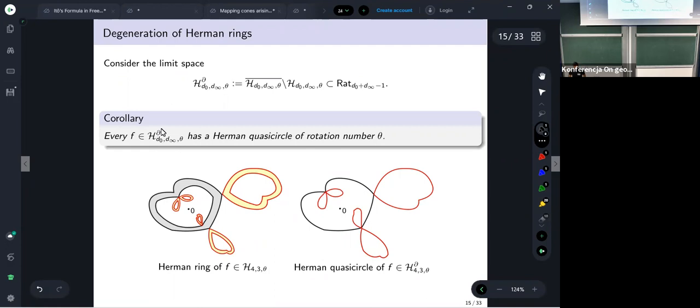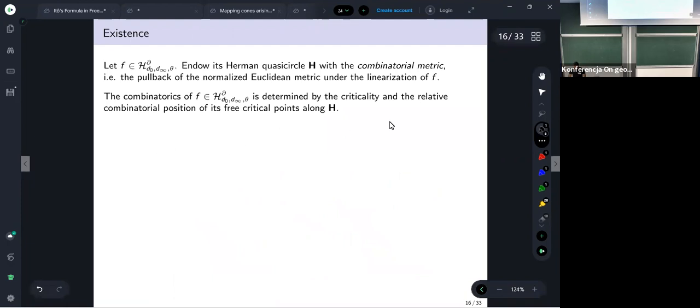So existence, how do we answer that? Let me deviate a little bit and talk about something slightly more technical. Suppose I take F in the curly H boundary. So it has a Herman quasicircle, and I'm going to endow this with the combinatorial metric.